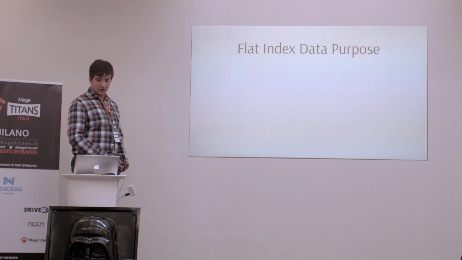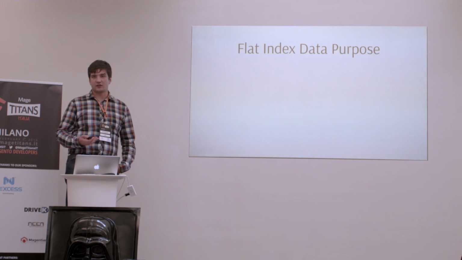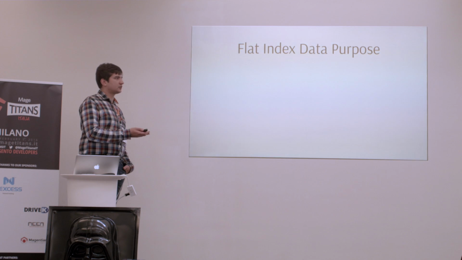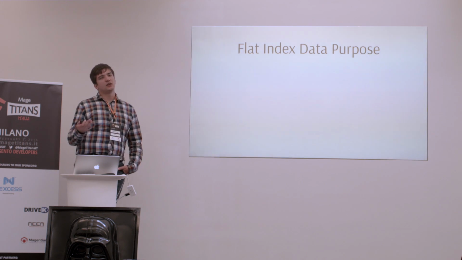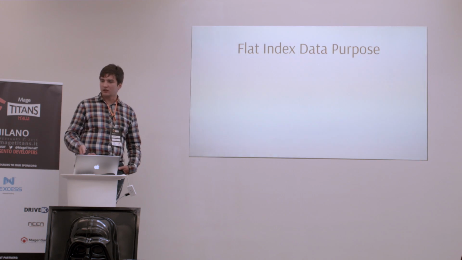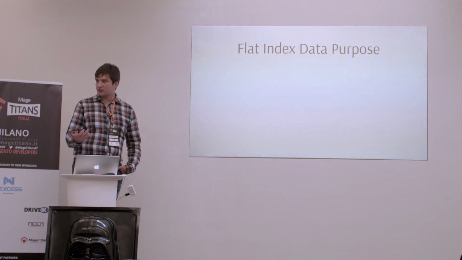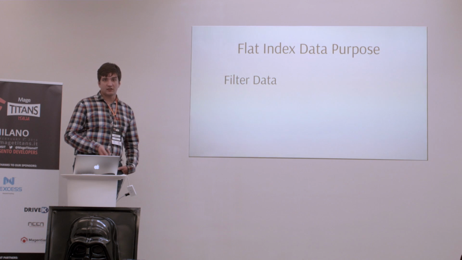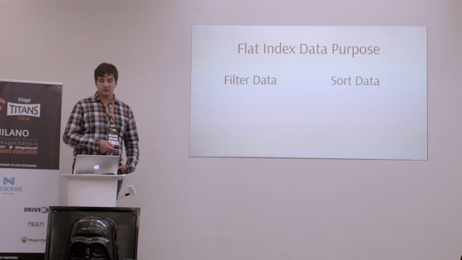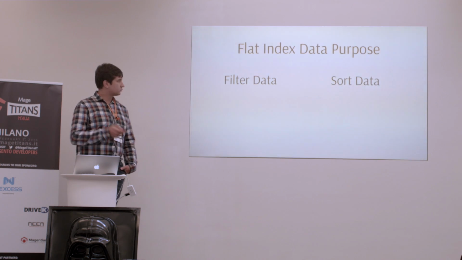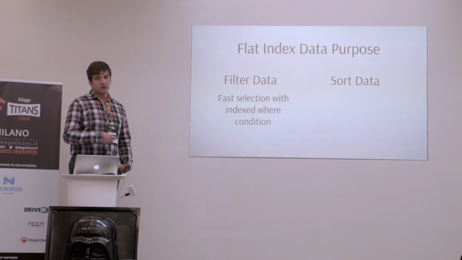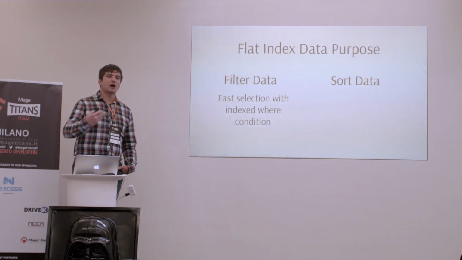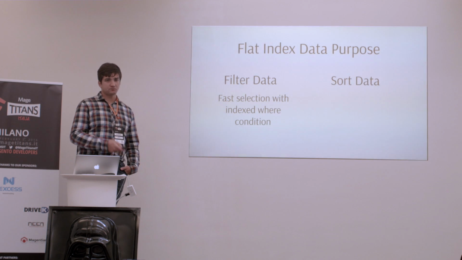So what is the purpose of the flat index data itself? We use the Magento flat index a lot on the front end to retrieve the data, but the main idea of the flat index in Magento particularly is to filter the data that you have on the front end and to sort the data. To filter the data, I mean applying a where condition on an indexed column in the flat table.